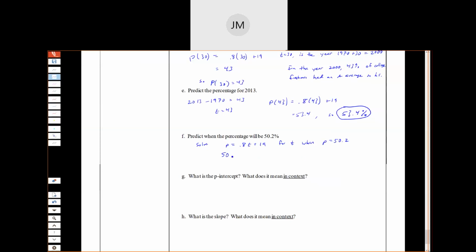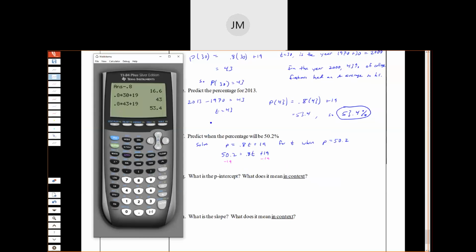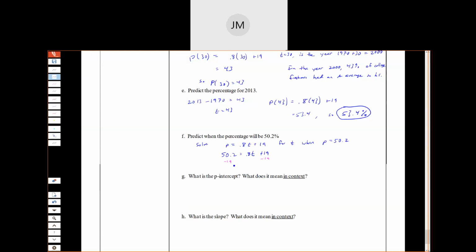So what I have is 50.2 equals 0.8 T plus 19, and I'm solving for T. So we can subtract 19 on both sides. 50.2 minus 19 gives me 31.2. And now we're going to divide both sides by 0.8 to get t by itself.